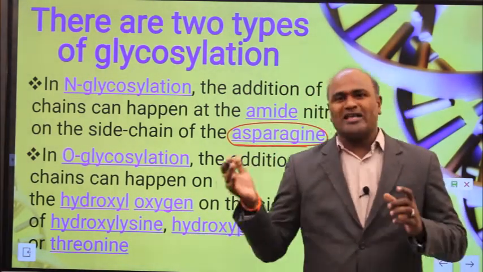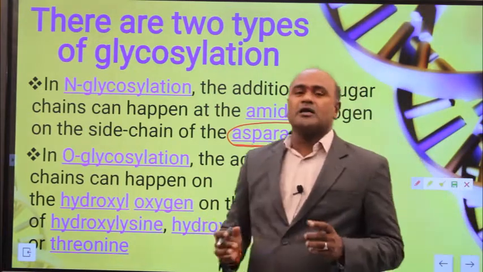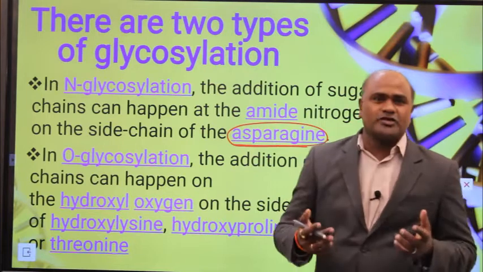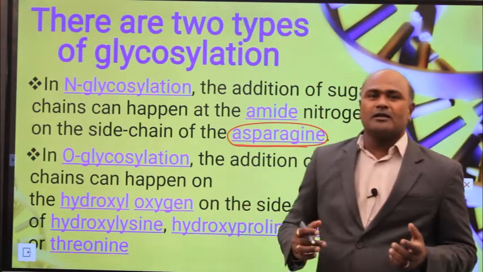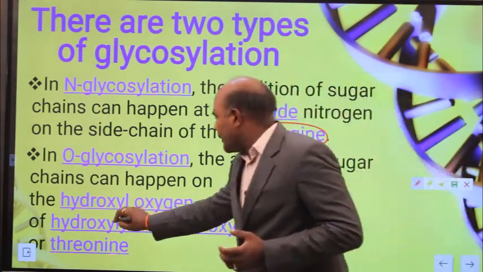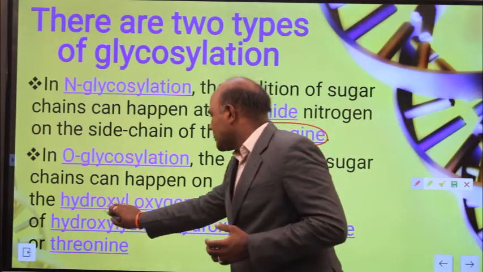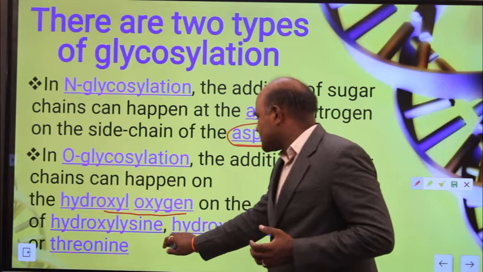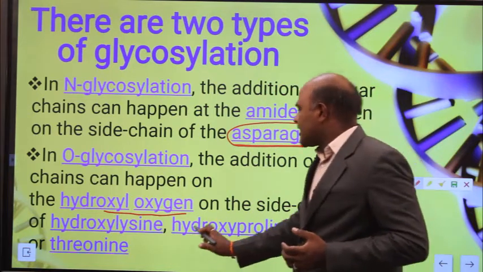Asparagine is an amino acid. And then oxygen glycosylation: the addition of sugar chains can happen on the hydroxyl oxygen on the side chain of hydroxylysine, hydroxyproline, serine, and threonine.